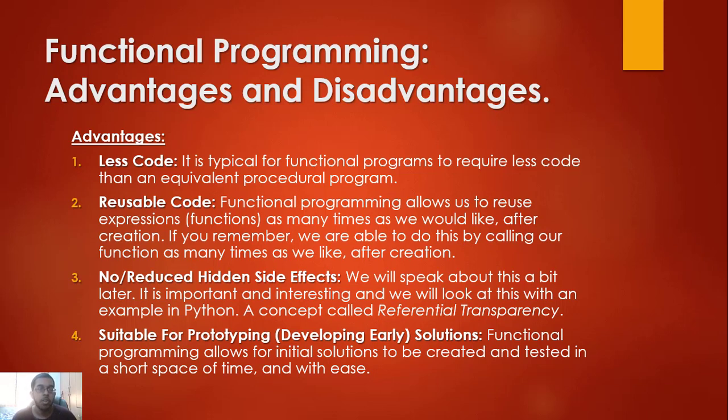Number three, no or reduced hidden side effects. We will speak about this a bit later. It is important and interesting, and we will look at this with an example in Python, a concept called referential transparency. Number four, suitable for prototyping, developing early solutions. Functional programming allows for initial solutions to be created and tested in a short space of time and with ease.